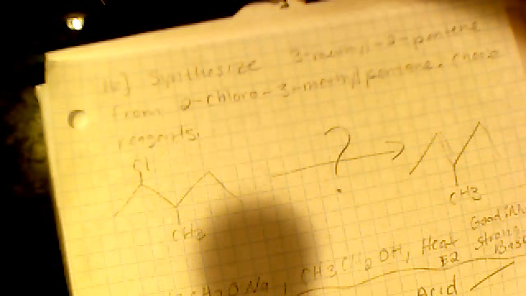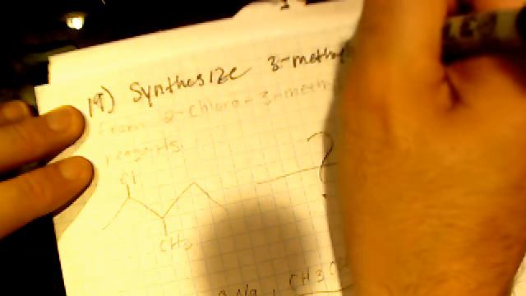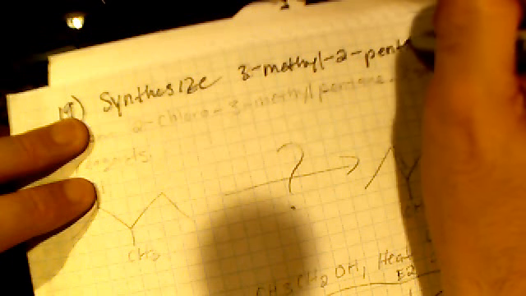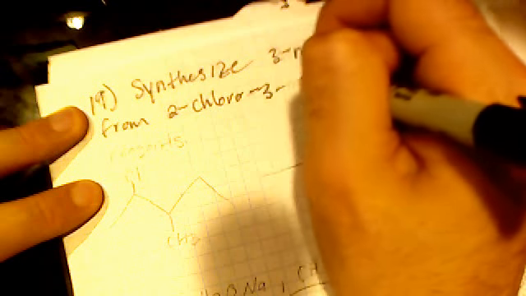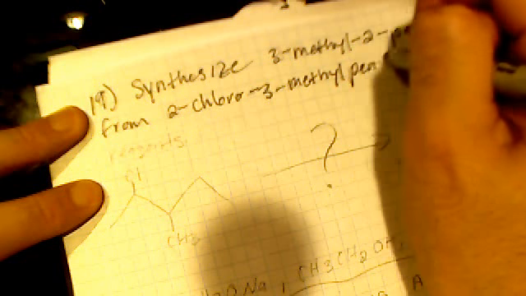Alright, so this is 19. Synthesize 3-methyl-2-pentene from 2-chloro-3-methylpentane.